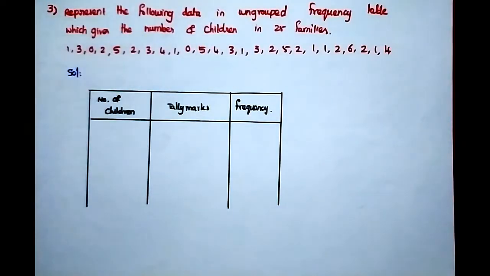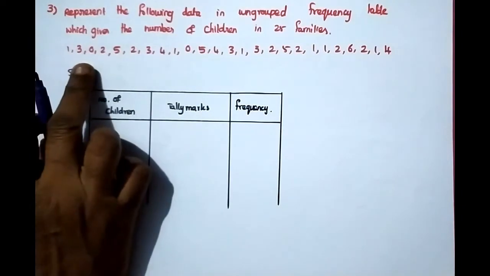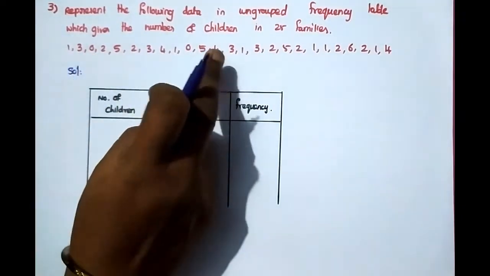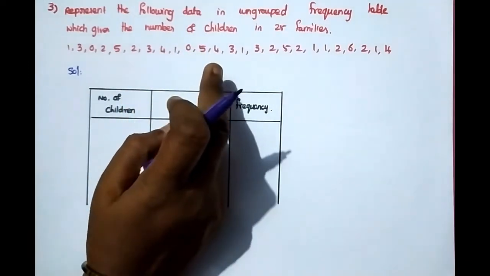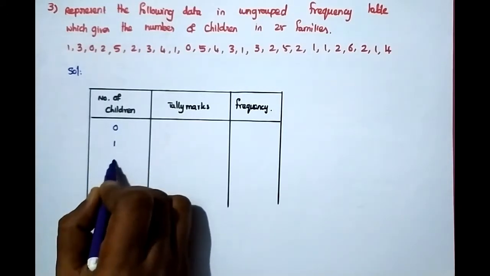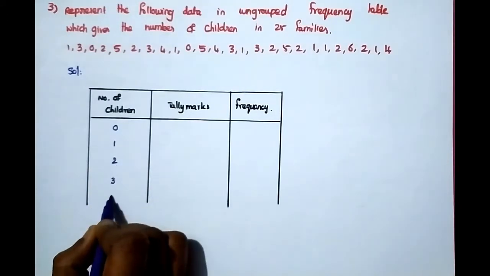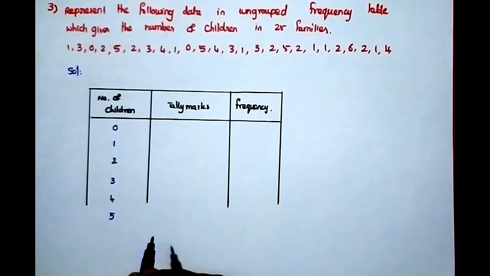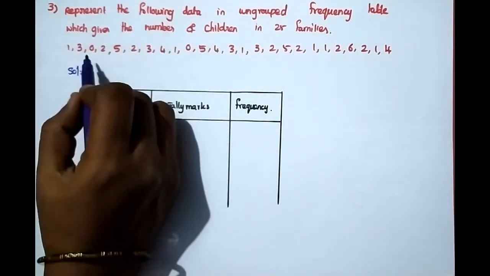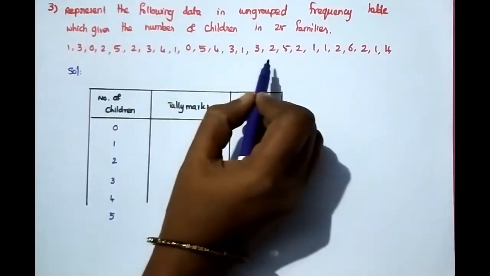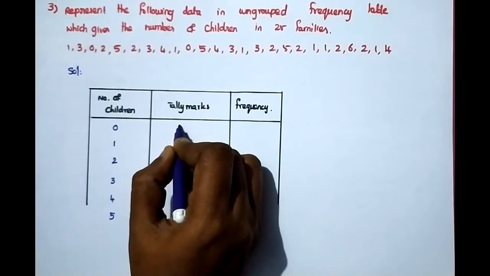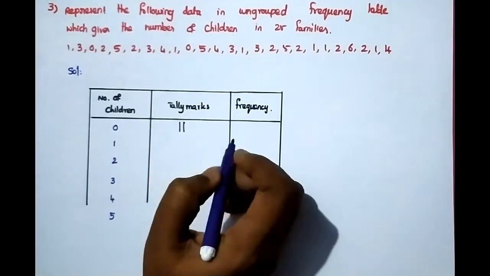First one, listen, what is the minimum value here? 0, and the maximum value is 5. So 0 to 5 they gave. Write down 0, 1, 2, 3, 4, 5. Now count the number of zeros in this data. 1, 2, that's all. So tally marks 1, 2.